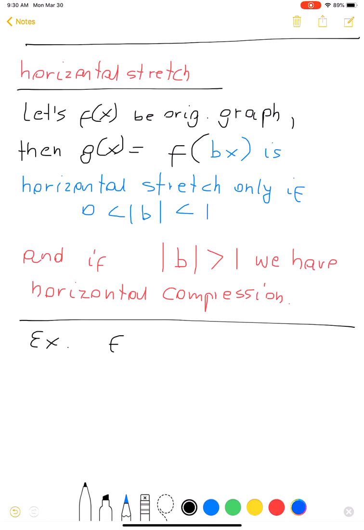Let f of x equal, let's put it that way. I'm going to give you a nice example.